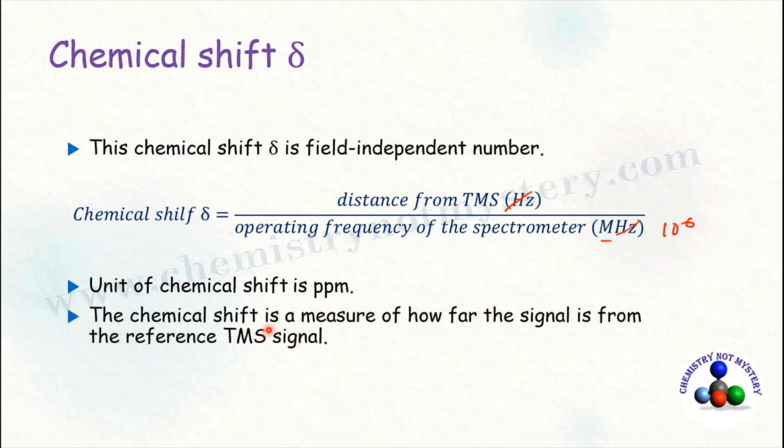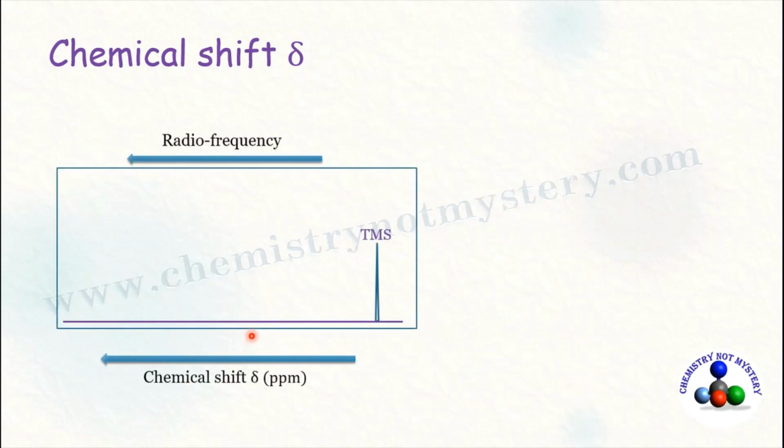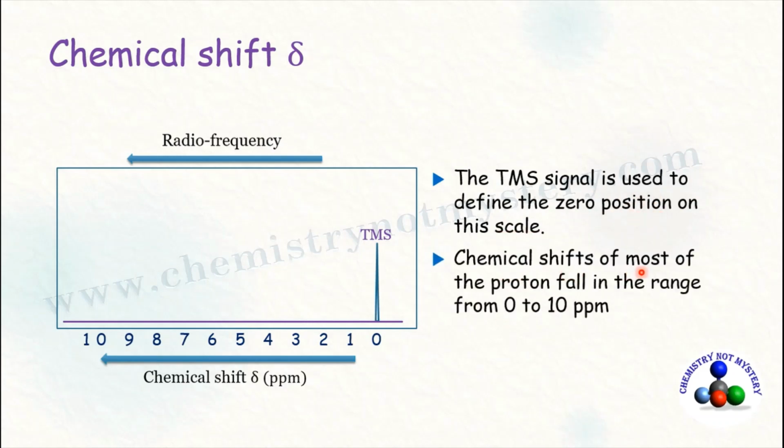The chemical shift is a measure of how far the signal is from the reference TMS signal. The most common scale for the TMS signal is the delta scale. In an NMR spectrum, the TMS signal is used to define the zero position on the delta scale. The chemical shift of most protons falls in the range from 0 to 10 ppm on the delta scale.